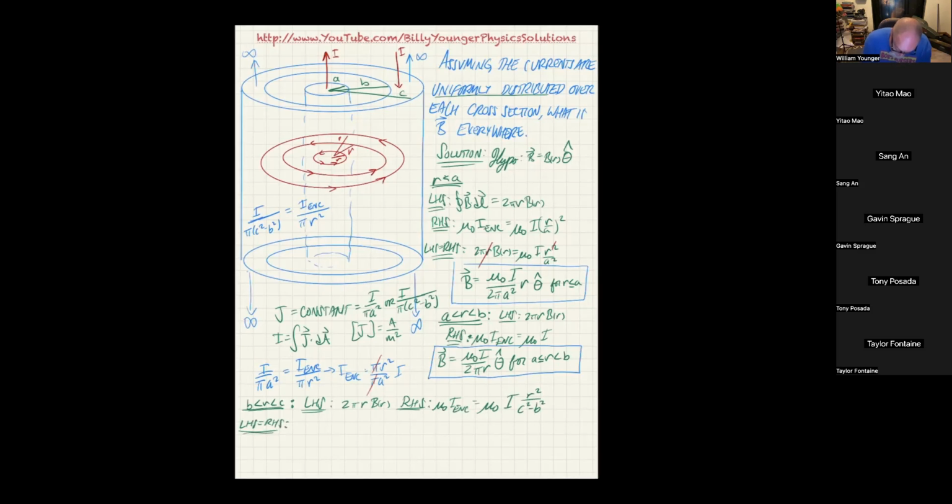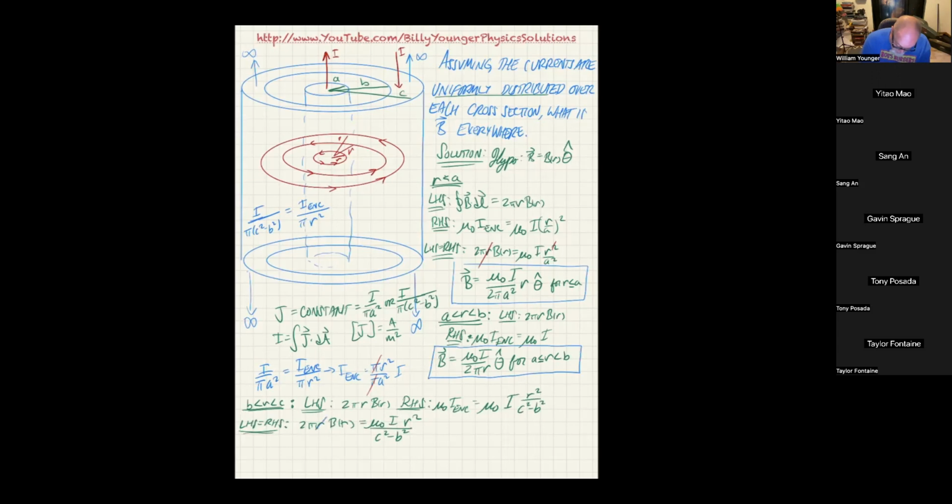Sorry for running it so far over, but 2 pi r B of r is equal to mu 0 I r squared over c squared minus b squared. Notice all those units work out such that the r squareds cancel out with the units of the c squared minus b squared. So everything is kosher that way.